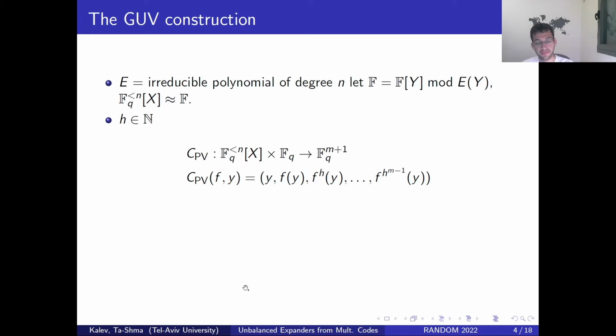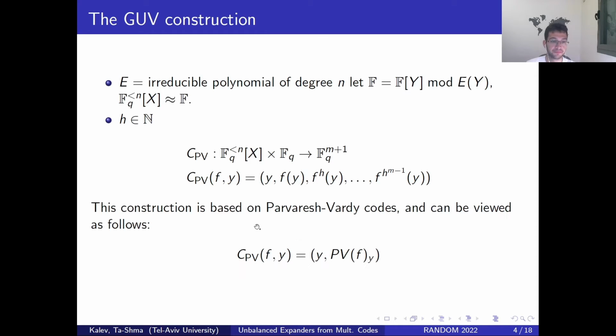The GUV bipartite expander is defined as follows: Γ(f, y) is y, f(y), f to the power of h of y, and so forth up until f to the power of h to the power of m minus 1 of y, where all the multiplications are in the field F, and we are constantly using the identification between elements of this field F and polynomials of degree less than n.